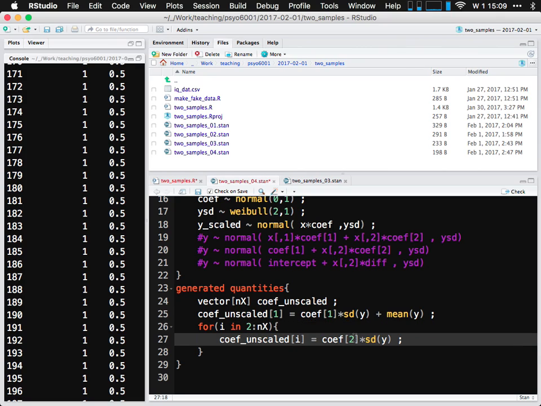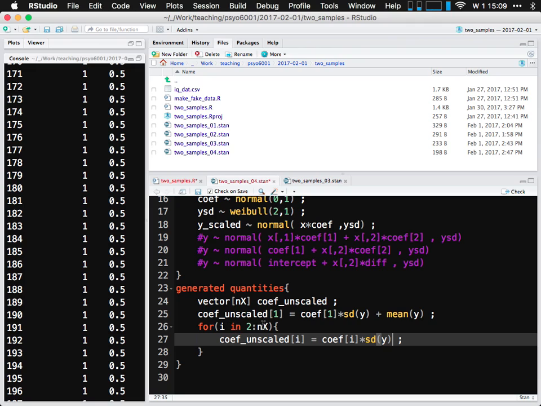So if I put i in there, it will say, okay, the ith item in coef unscaled is equal to the ith item in coef times the standard deviation of y. So it's just going to be the second item in coef unscaled equal to the second item in coef times the standard deviation of y.